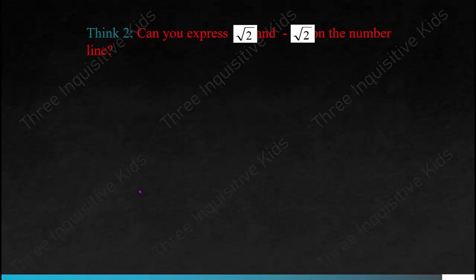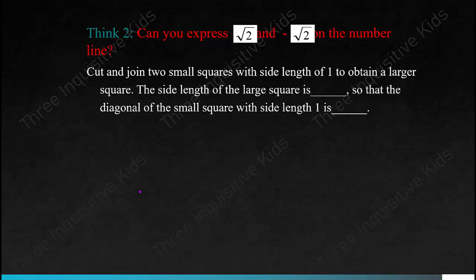Think 2. Can you express the square root of 2 and negative square root of 2 on the number line as well? Okay. So here's the first. Cut and join two small squares with a side length of 1 to obtain a larger square.